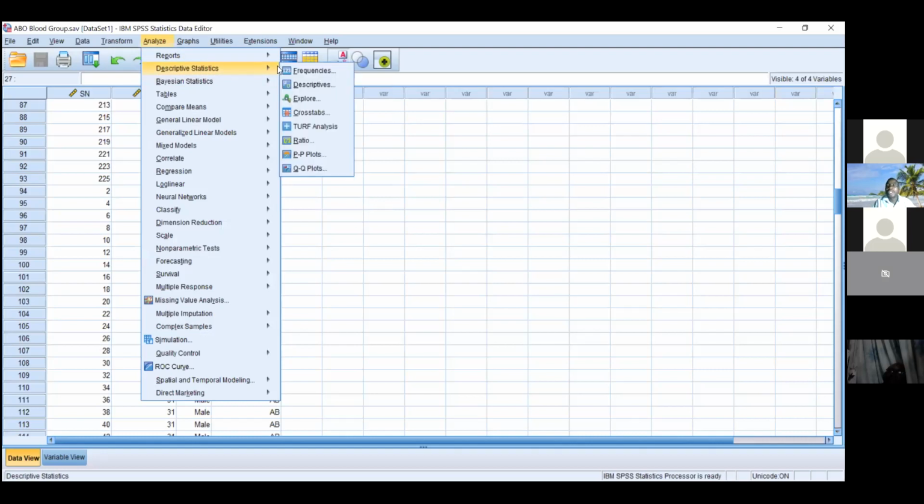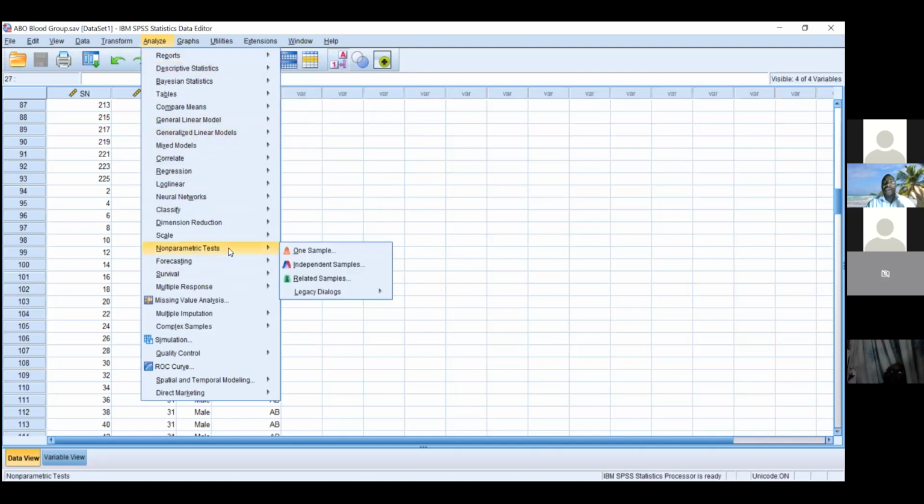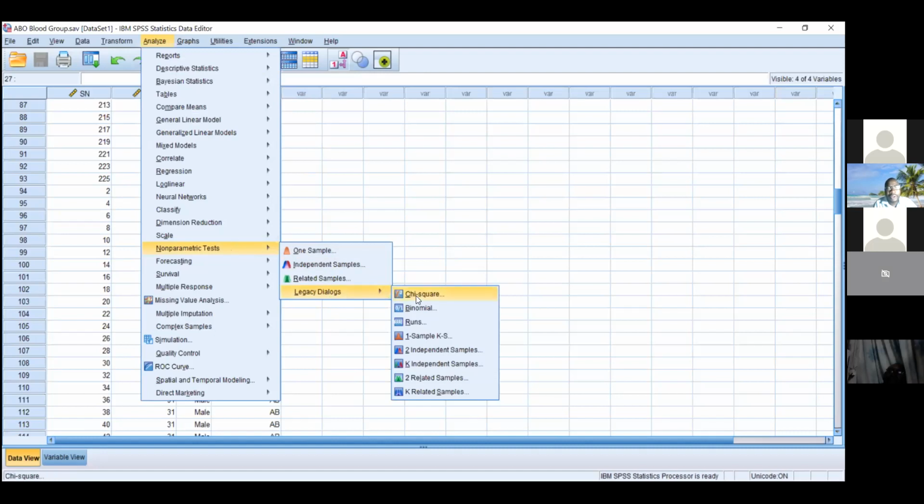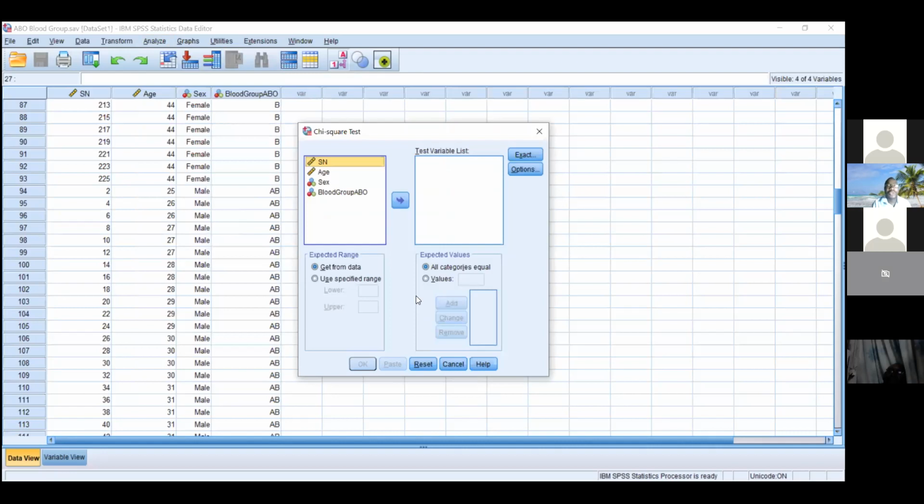Crosstabulation is under descriptive statistics, the one we did yesterday, because when you arrange a contingency table that has rows and columns, one variable along the row and another along the column, that is what you use crosstabulation to calculate the chi-square. But this one, chi-square itself is a non-parametric test. Go to legacy dialogs, thank you. Then click on chi-square under legacy dialogs. Yes. As you click, move blood group as the test variable.